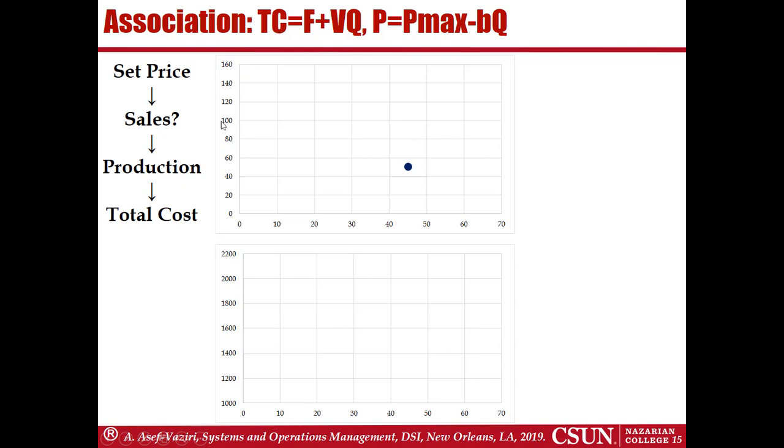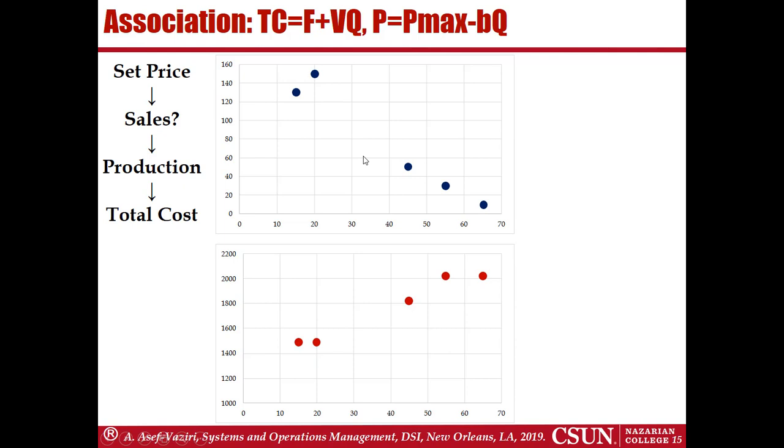This is price, this is quantity sold, and then they also compute how much cost they had to produce that quantity, and they set a lower price next time, compute how much they have sold, and then compute the cost of producing that quantity, and they repeat this experiment.